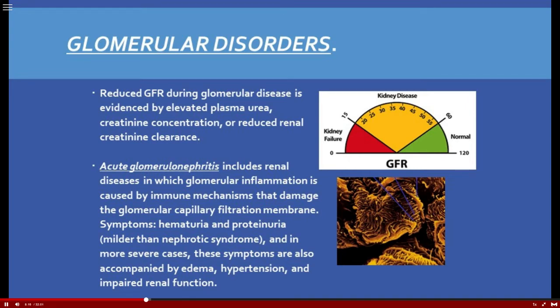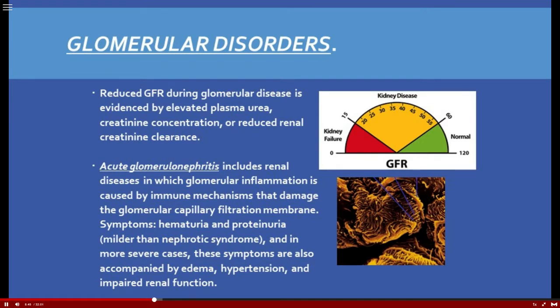Look at how tight those junctions are. There's a reason for that. That's because they filter the good stuff. They want to keep the good stuff. One of the good stuff is protein, right? Protein is huge, so it has no business getting through that filtration. But because it's damaged, the protein begins to leak through and come out in the urine. So that's why a simple urinalysis can tell us a lot about how those kidneys are functioning.